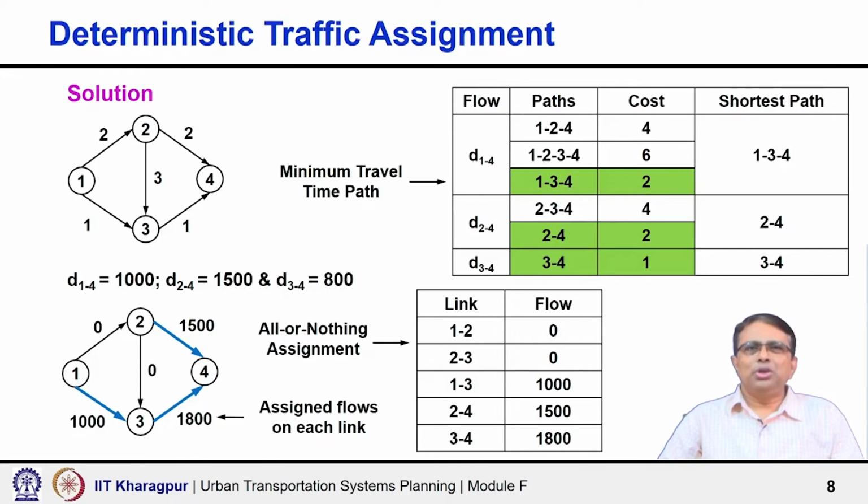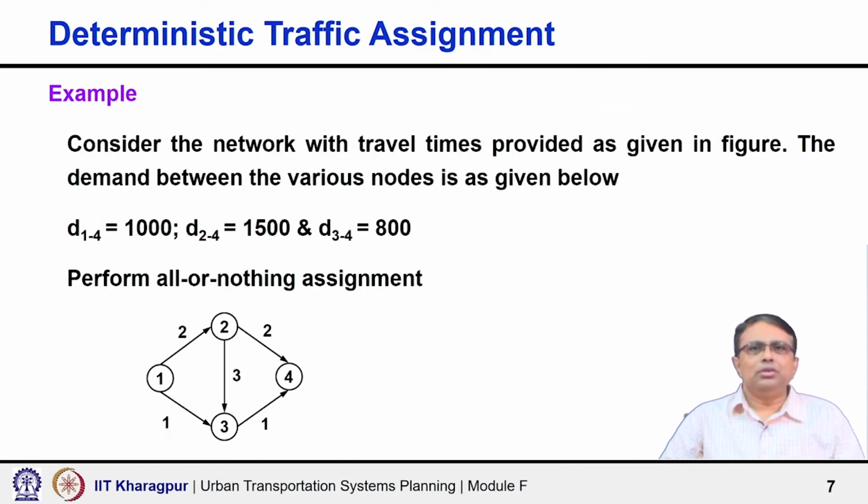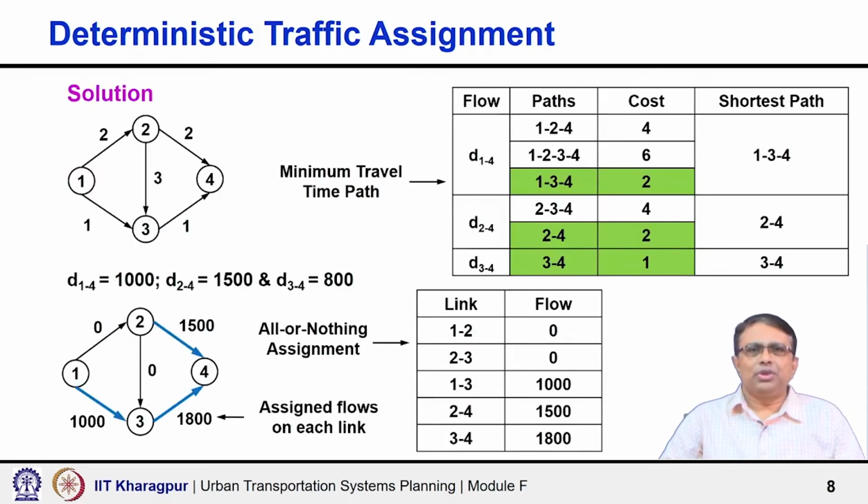So, what I will do now? Now, I will say 1 to 4, how much is the demand? 1 to 4 demand is 1000. So, all 1000 I will assign to 1 3 4. So, my 1 to 3 becomes 1000, 3 to 4 also becomes 1000.